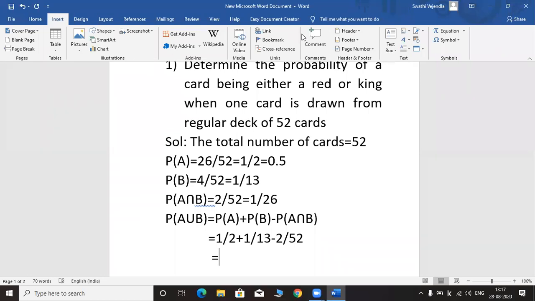So both events are combined here, and we have applied the theorem and got the solution. By solving this you will get 28 by 52. You need not write the same answer; you may write 28 by 52, or you can simplify further.